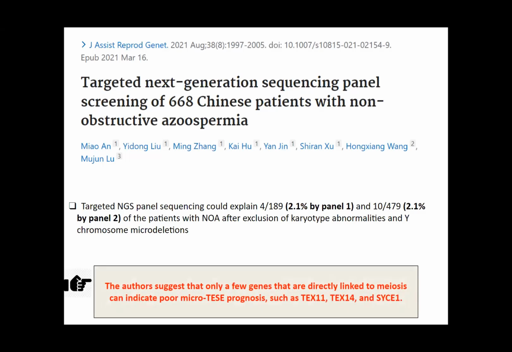The authors suggest that only a few genes directly linked to meiosis can indicate poor prognosis, such as TEX11, TEX14, and SYCE1.